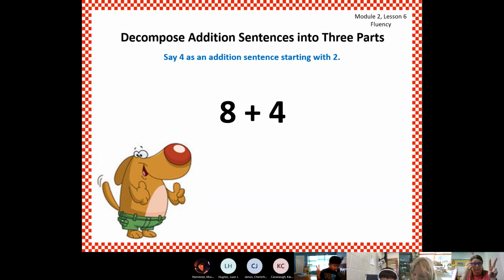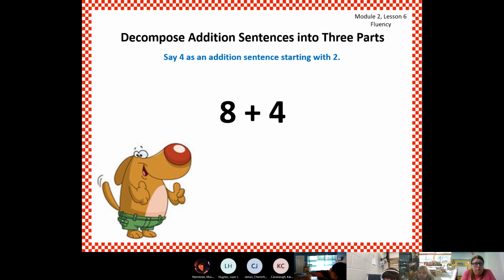So now we're breaking apart the number with 2. So 4 is 2 and what? Right. 4 is 2 and 2. So now circle the 8 and the 2.